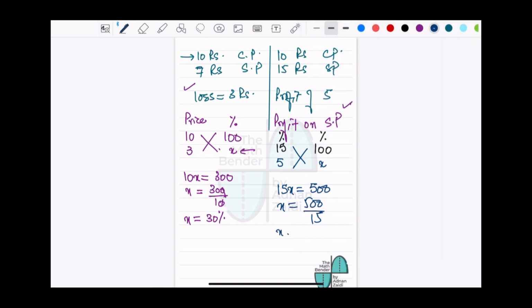So x equals 33% profit on selling price. This is 30% loss on cost price.